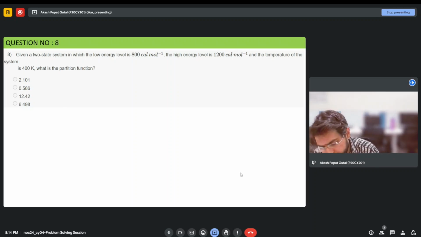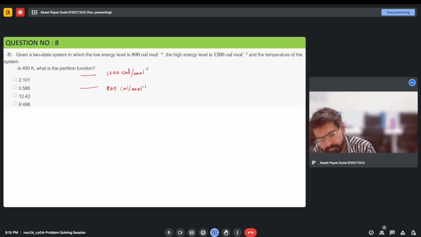So given a two-state system in which the low energy level is 800 calorie per mole, and the higher energy level is 1200 calorie per mole, the temperature of the system is 400 Kelvin.